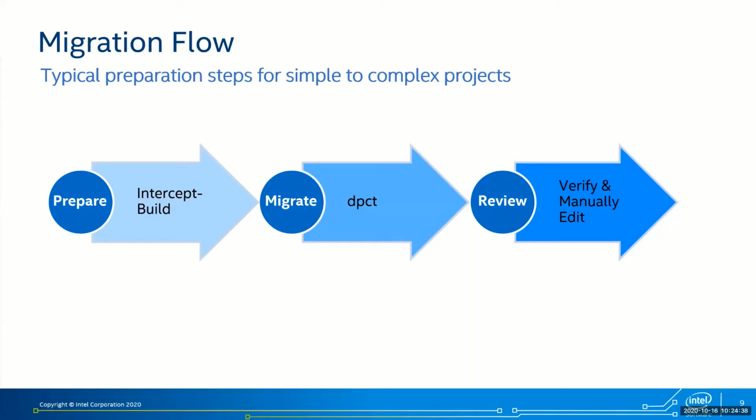As the name suggests, intercept-build intercepts the build process and logs important information about the compilation, such as compiler flags which need to be passed to the code, which enable or disable some portion of the code, and include headers which need to be specified for compilation of the project.